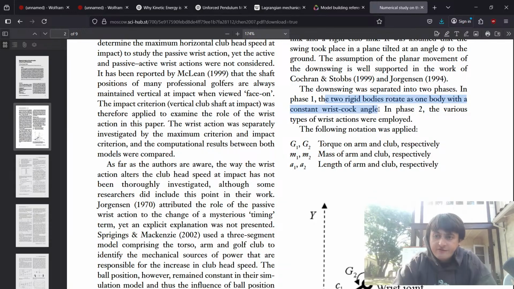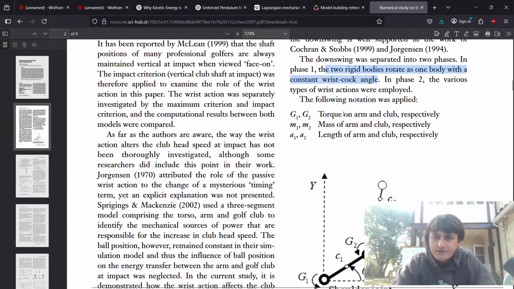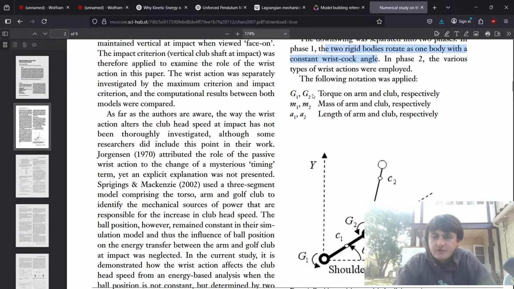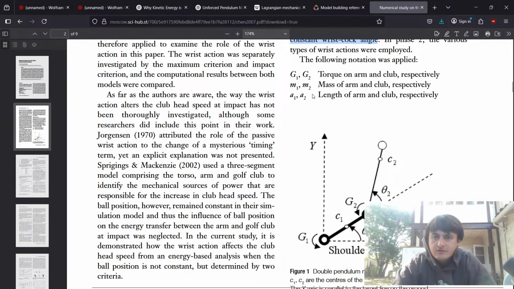In phase 2, various types of wrist action were employed. The following notation: mass of arm and club, mass of arm, mass of club, length of arm, length of club.